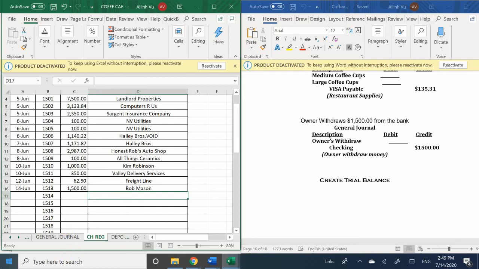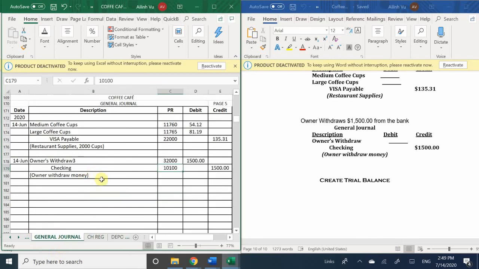Okay, and now that we know that the check number is 1513, we can go back to our journal, and we're going to indicate that we wrote the check number 1513.